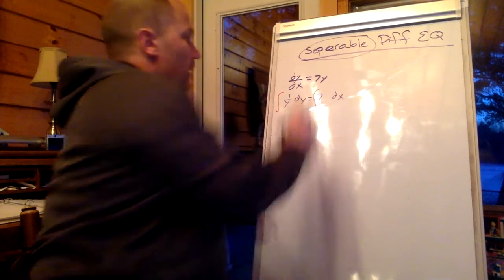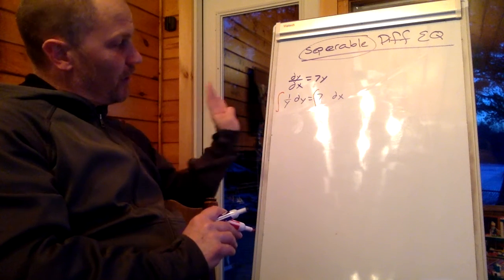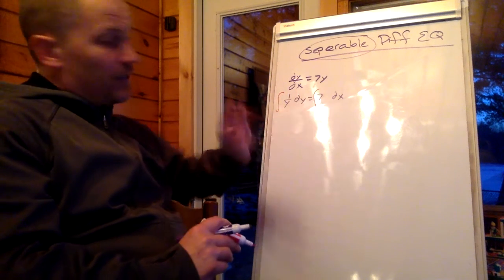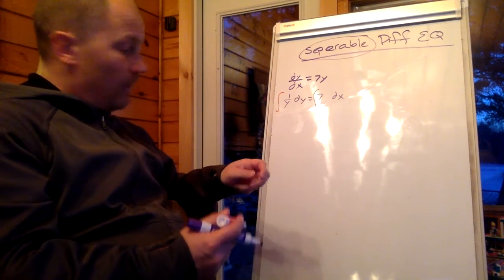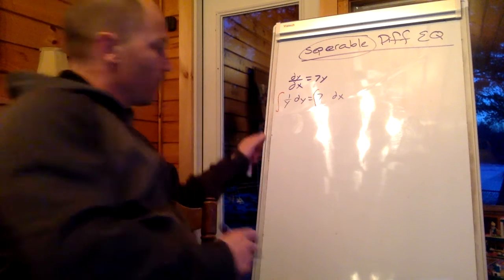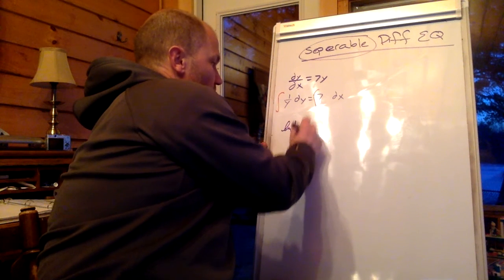So once my derivative is separated, my y's and dy's are together, and my x's, there are no x's in this case, but my x's and my dx's are all together, I'm ready to integrate. You should hopefully remember that the integral of 1 over y dy is the ln of the absolute value of y.